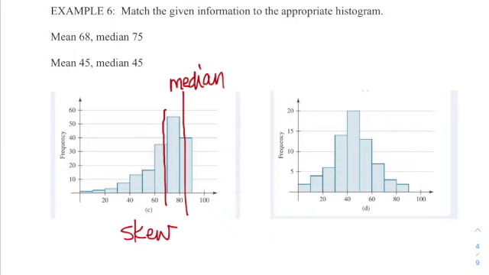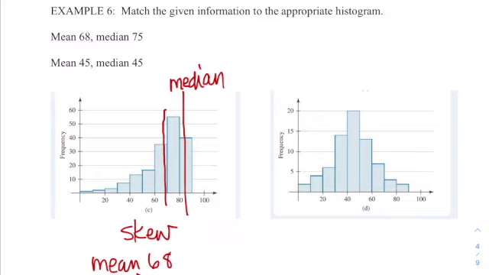So the mean is going to be 68, and the median is going to be at 75. And for the next one, the mean is going to be 45, and the median is going to be 45. I told you that if they are the same, they are pretty much symmetrical.